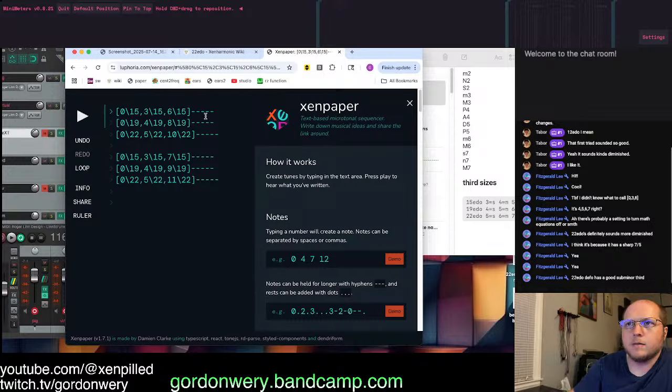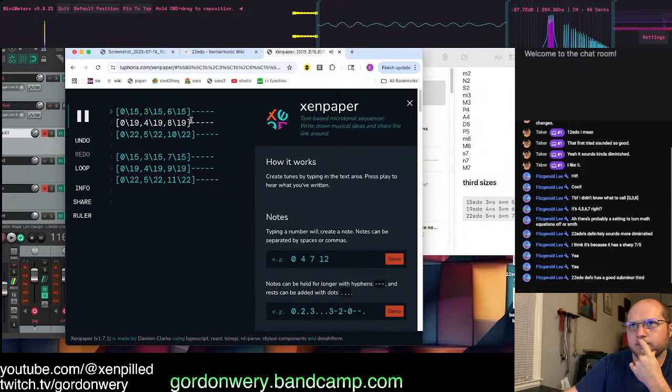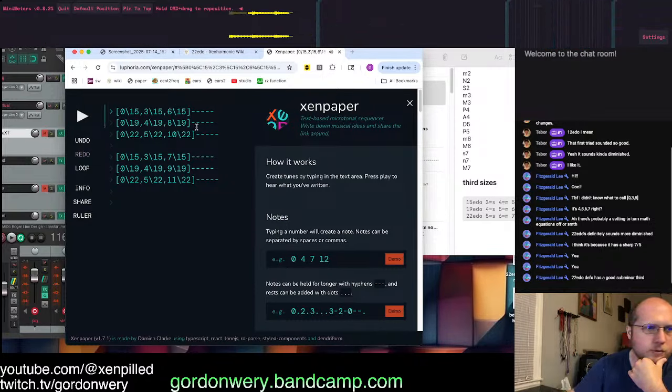I was like, I don't know. But compared to the 15 EDOs, it sounds more, I think because the 15 EDO fourth is almost like a third. It's so flat. But it's definitely closer to a fourth.